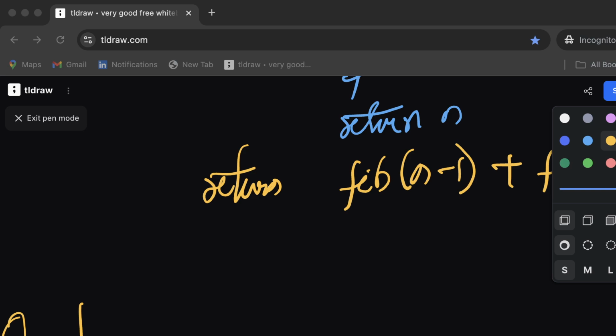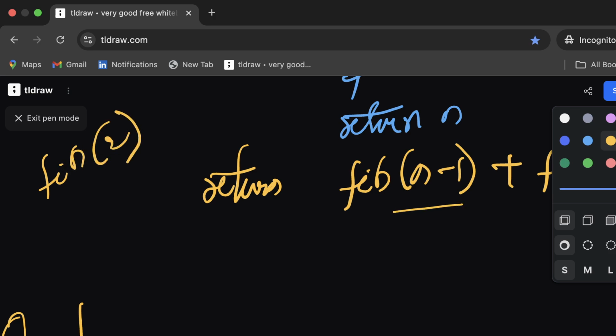For example, if I do a Fibonacci of 2, right? So Fibonacci of 2 will be Fibonacci of 1 plus Fibonacci of 0. The way the first two terms are fixed, the third is the sum of the first two terms, right?